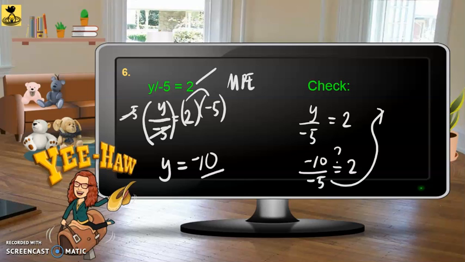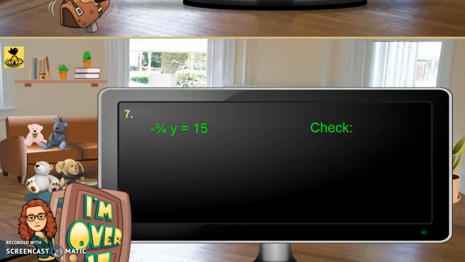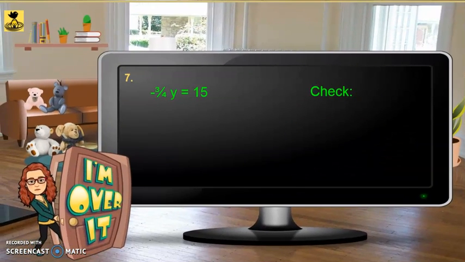So negative 10 divided by negative 5 is equal to 2. So 2 equals 2. So then we have shown that the left and the right side of the equation of this checking part are equal. So we can then conclude that our answer negative 10 is correct.